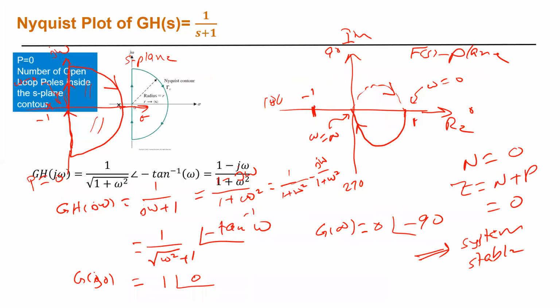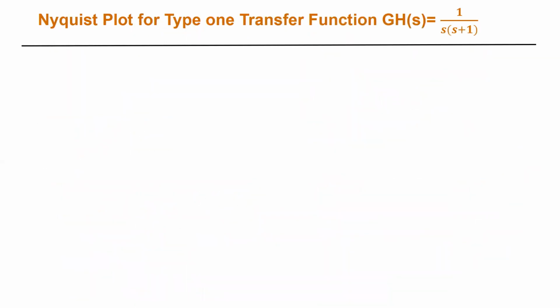Yes, clear, Doctor. For example, let me have the system. Now I have 2 poles. Again, I would like to investigate the stability, so let me put the S plane.